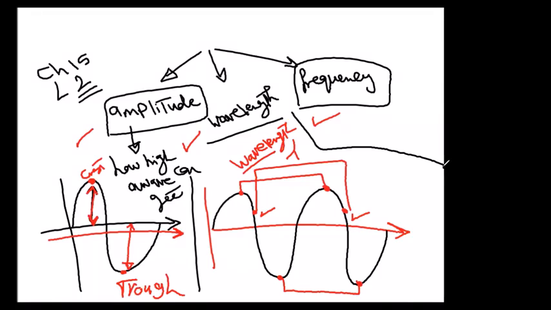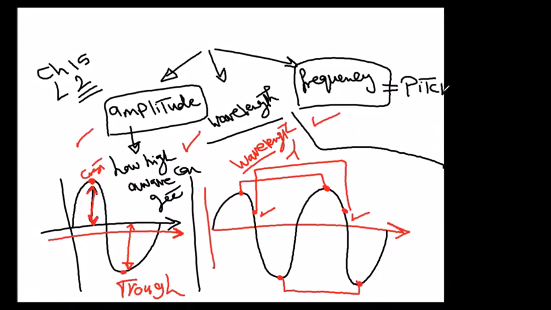Yes. I hope so. Okay, now it's about the frequency. So the frequency, as we learned last year, is the number of vibrations per second. That's what we learned last year.